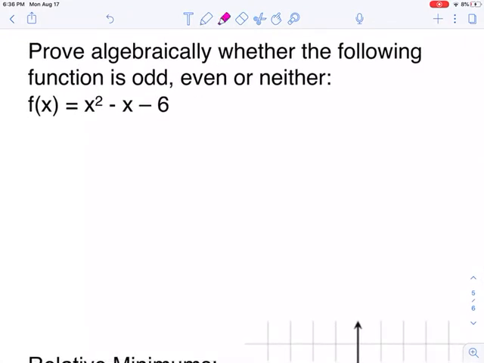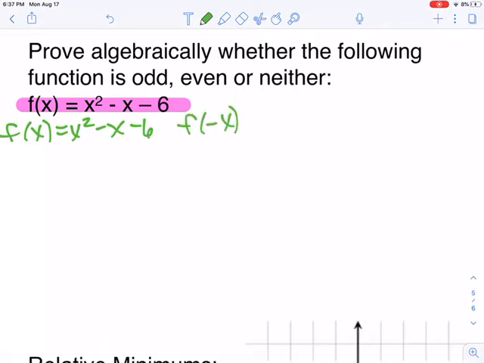Okay, here's our second example. We are talking about a function, f of x equals x squared minus x minus 6. Okay, so we know that f of x is x squared minus x minus 6.